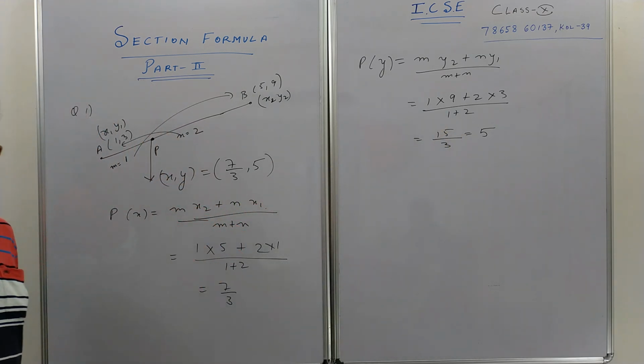So we get 5. So this is the first question, children. Please copy. Then we will go to ML Agrawal's book and solve a couple of good questions before we end this video. So please pause and copy.